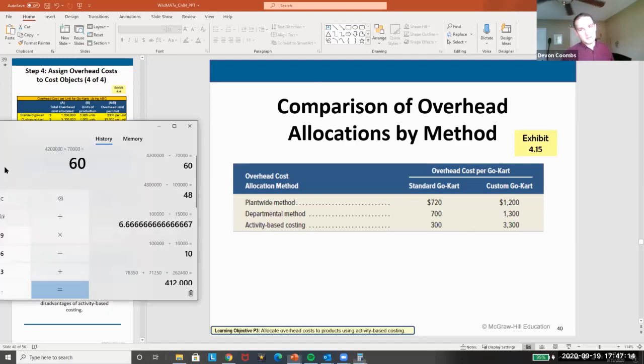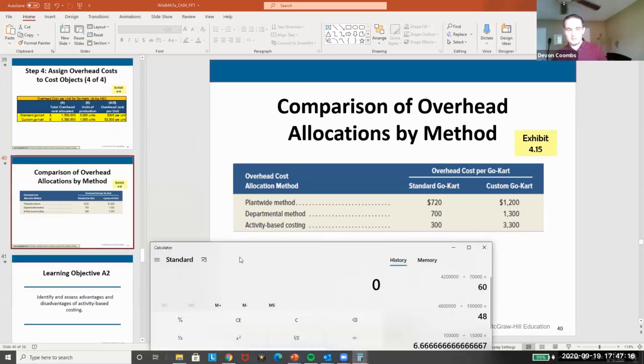So let's think about it from this perspective. Let's say you're selling these go-karts. I always want accounting to be, and your education should always be applicable. Let's say that the direct material and direct labor for both a standard go-kart and the custom go-kart is $1,000.